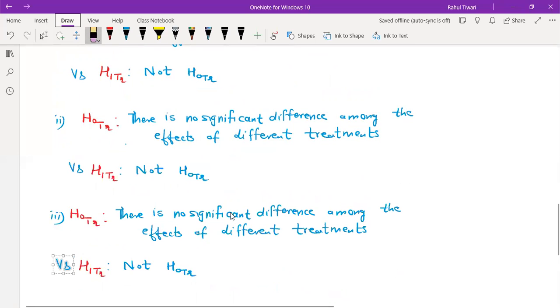Now instead of treatment, we have to write down the rows or columns.